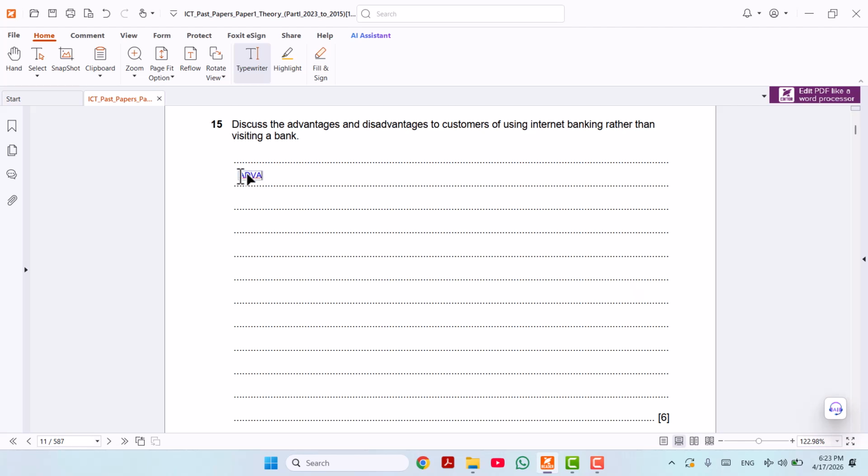Advantages, for example, one is it reduces the time. You can say also it reduces the money.